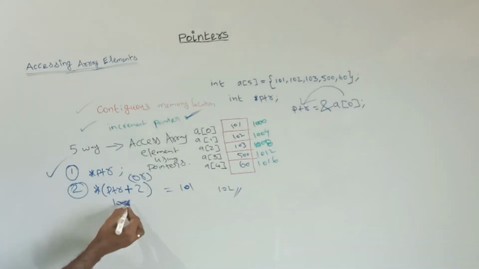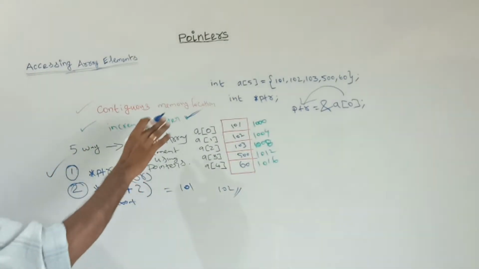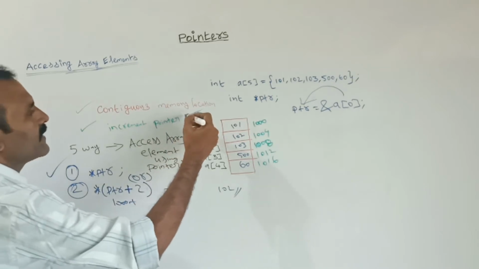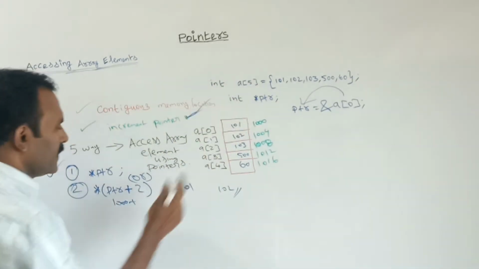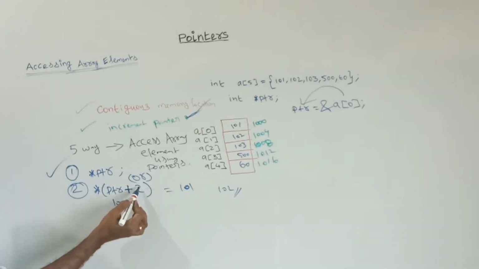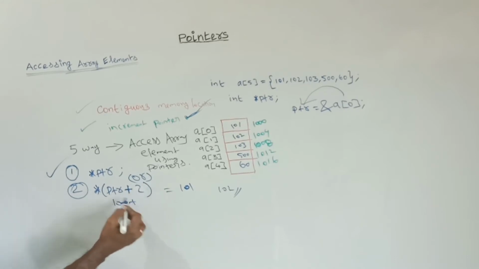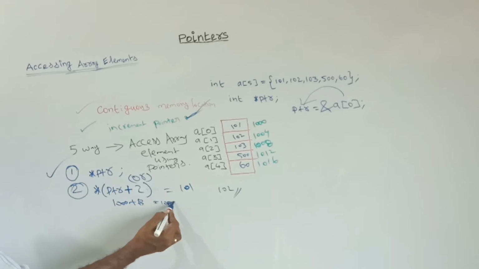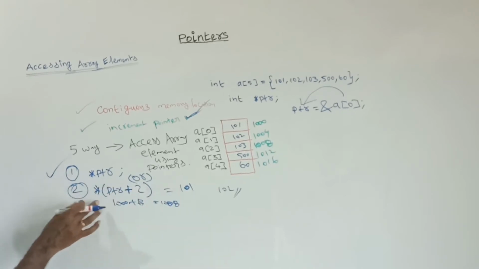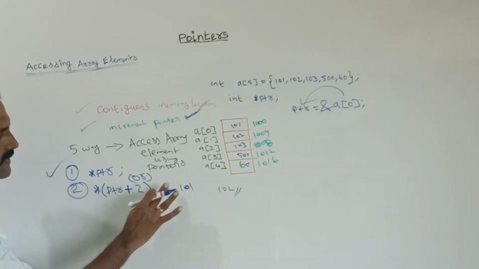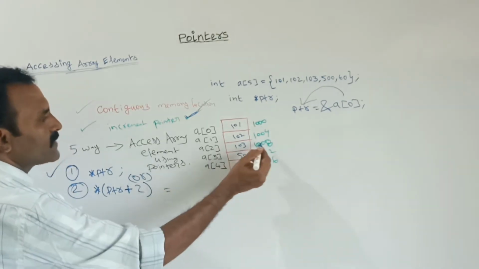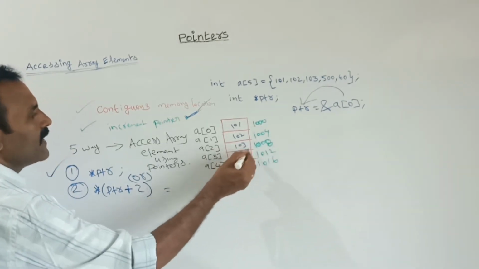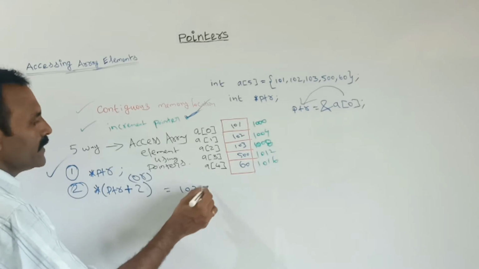So 1000 plus 2 means, as we saw, each increment adds 4 bytes. So 2 times 4 is 8, and 1000 plus 8 is 1008. So it points to the 1008 location, which has the value 103. So it prints 103.